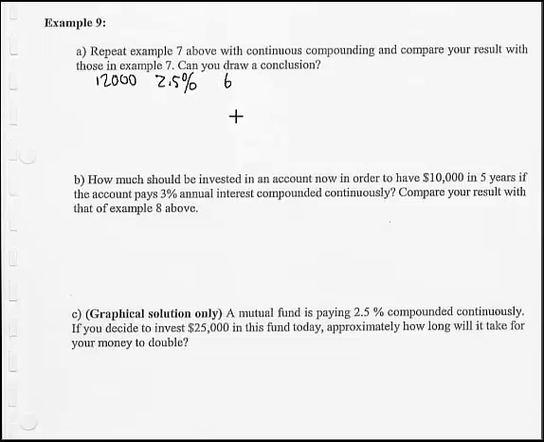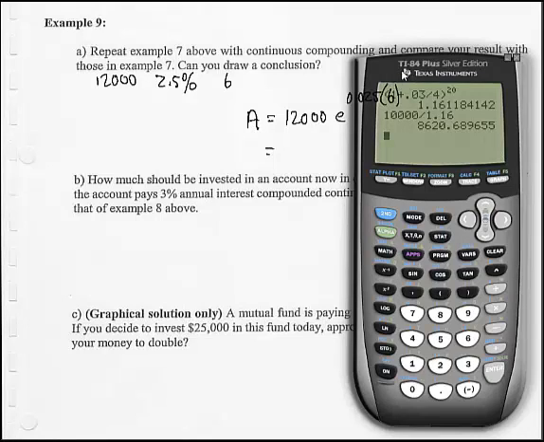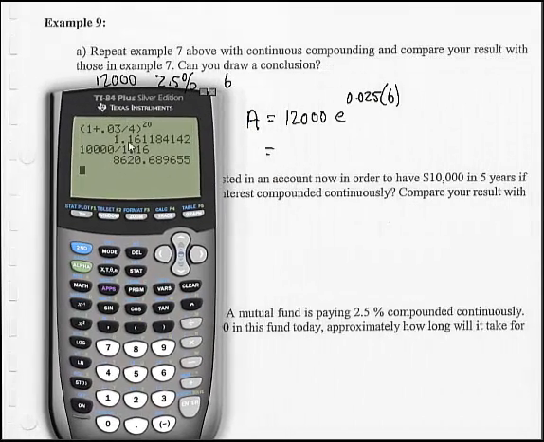Plugging those numbers into my continuous compounding formula, I get e to the 0.025 times 6. Way easier to memorize, and you're gonna find out that it gives you approximately the same amount as we did before with the compounding formulas, the monthly, the weekly, the daily.